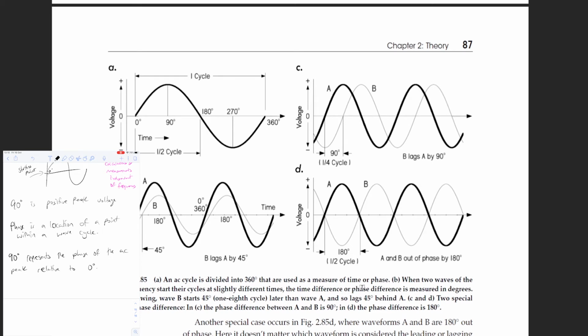The time difference or phase difference is measured in degrees. Okay, so there's a 45-degree difference between them. So if you moved this second waveform back by 45 degrees, then they would be exactly the same.